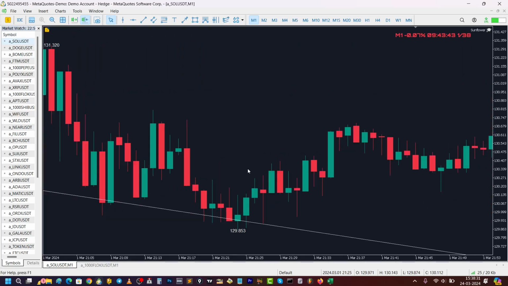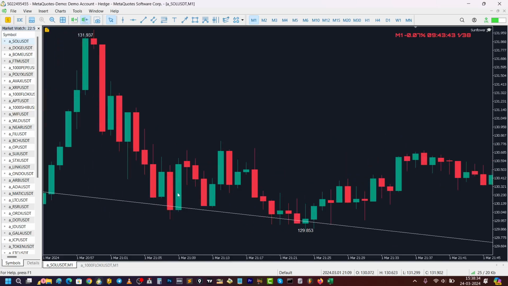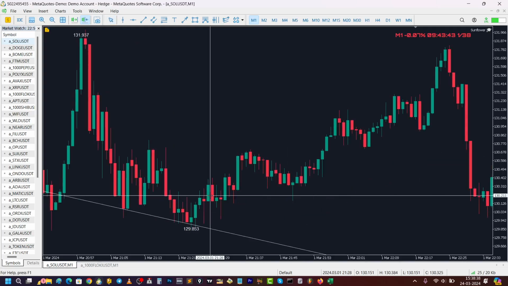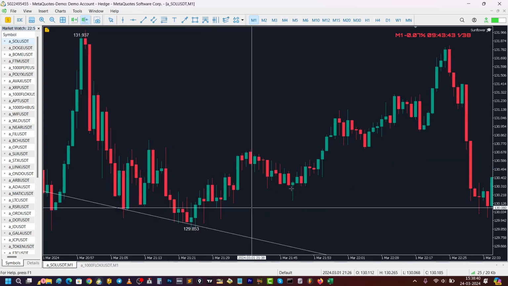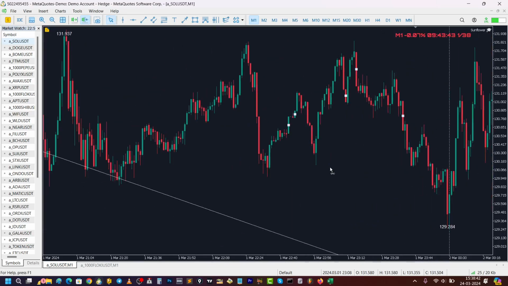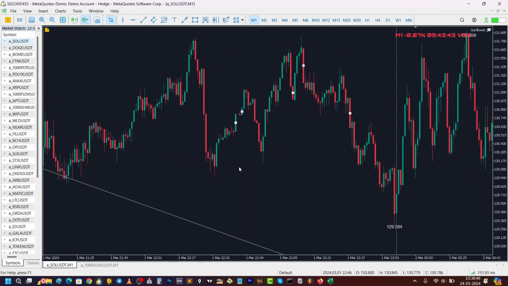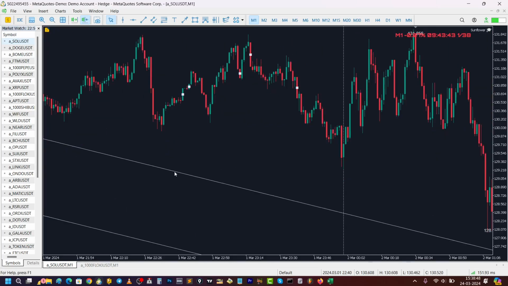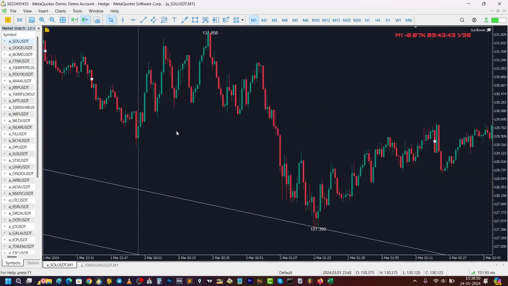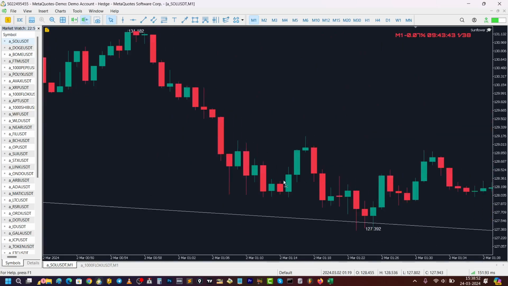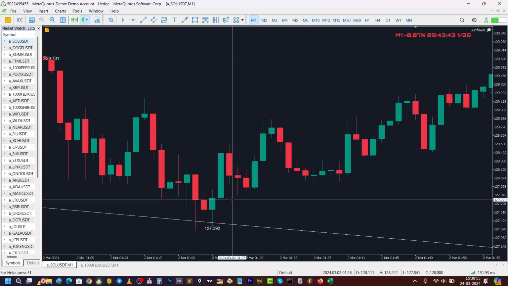Okay, then again this is a breakout, and here you see a bullish engulfing pattern. So if you buy here with this small stop loss, you always win. So this is how price action is combined with this trend line methodology, this strategy which uses a trend line. Now again here you see price touches this line, and there is a bullish engulfing pattern.